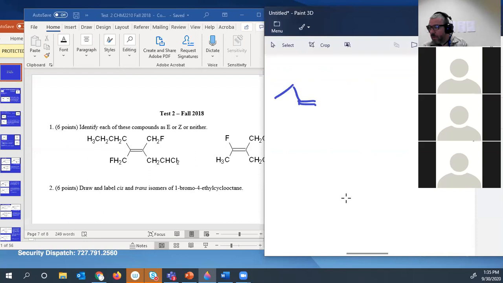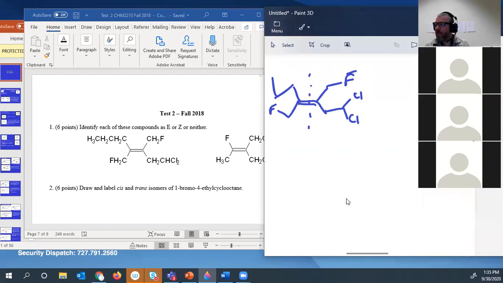You can do this too, if you want to. You can draw it out as a line structure if it helps. Some people it doesn't help. But that would be that one as a line structure.